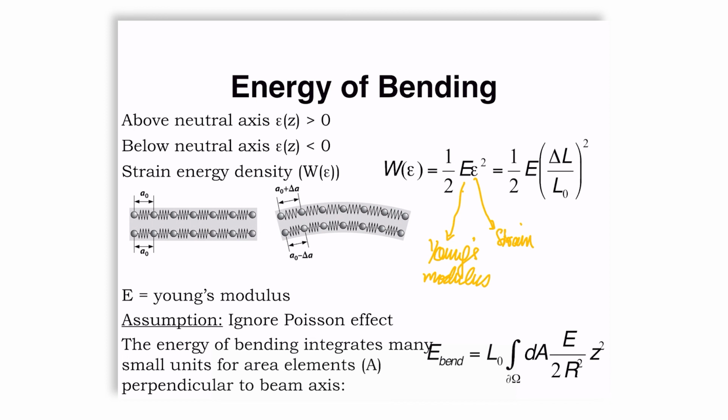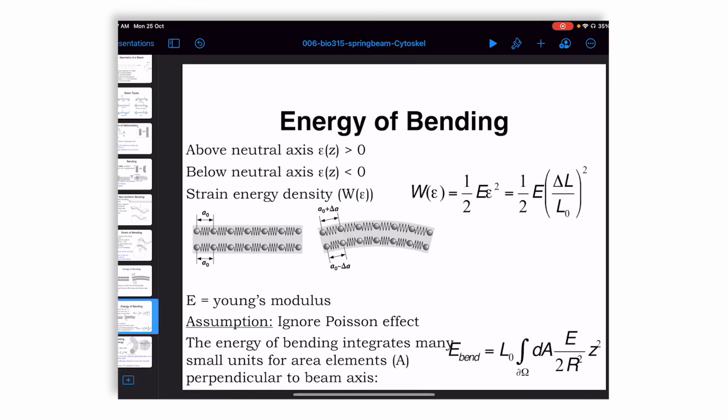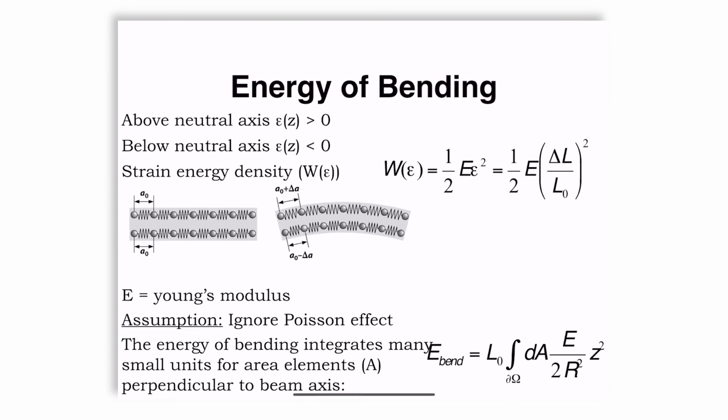In such a case, it is also clear that we can write the energy in terms of W, that is the energy density, times the volume, because the energy density is in terms of per unit volume.